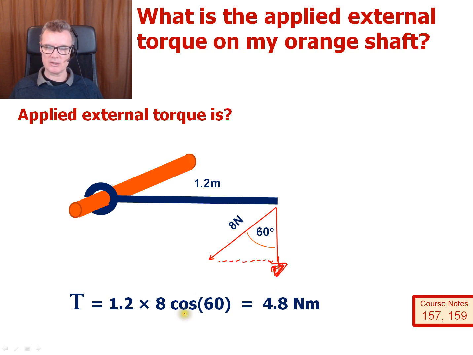To do that, we multiply it by cos 60. I'm going to resolve it to this line here. So we're going to have that, and then we've got the 1.2, which is representing the distance. So you should have ended up with an answer of 4.8.